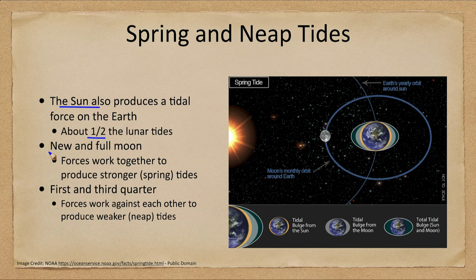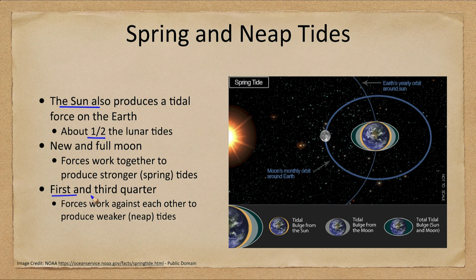So what we have is during new and full moon, we get spring tides. And that's what we see on the left and the right sides of this image. At that point, the solar and lunar tides add together, giving us a much stronger tide, a much higher high tide and a much lower low tide than we would otherwise see.